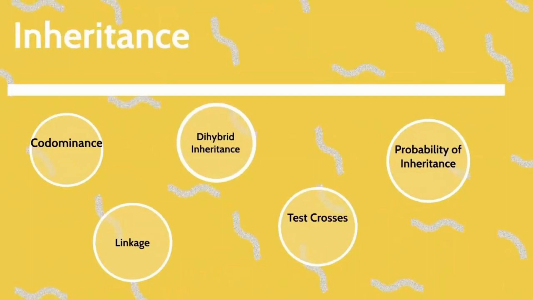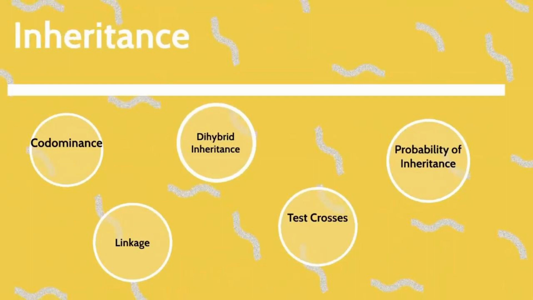So just to recap, we went over what codominance is, which is when 2 alleles can both be expressed at the same time. We talked about linkage, which we have sexual linkage and we have autosomal linkage, and this is where certain genes may come together and are likely to be transferred together to the offspring.